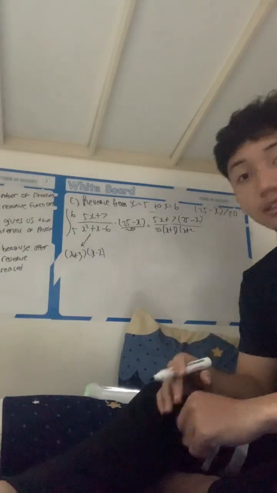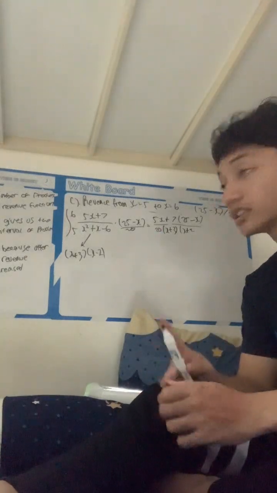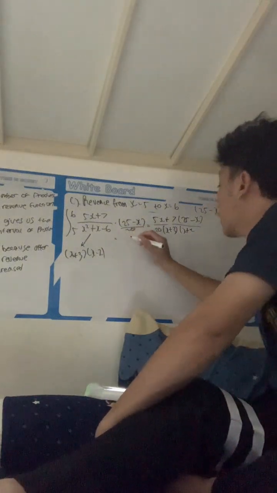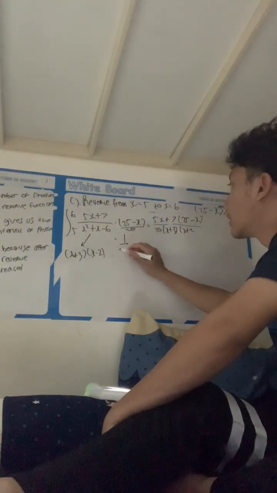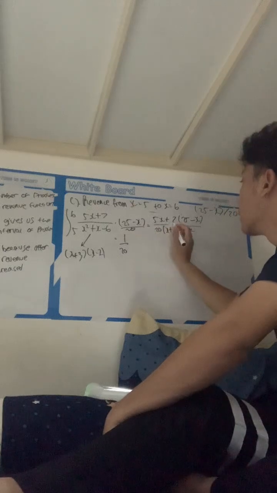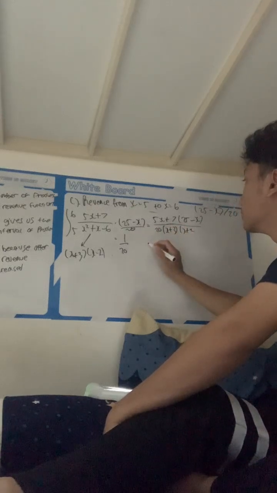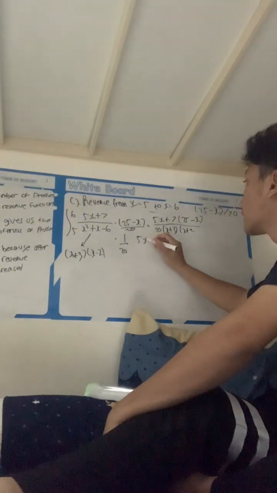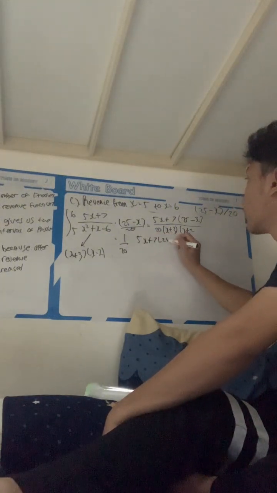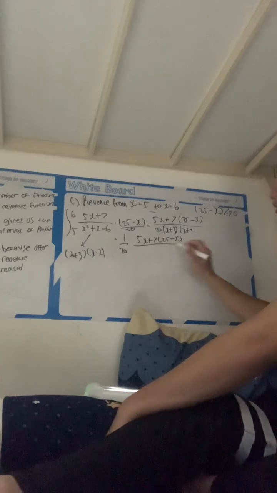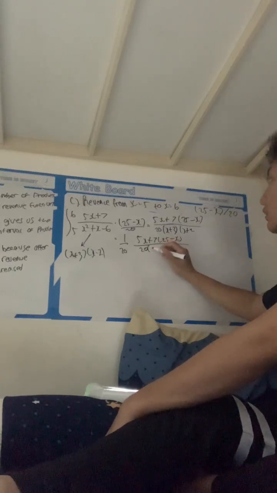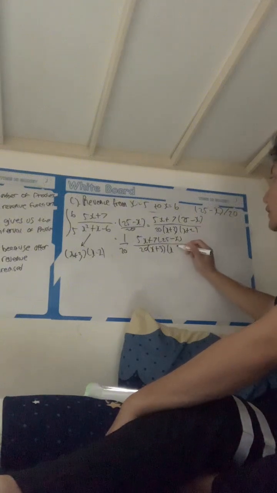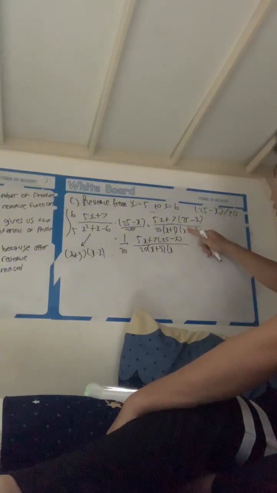So how do we make this a lot easier for us to do? So we just write down 1 over 20, times 5x plus 7, 25 minus x over 20, x plus 3, minus 2 here.